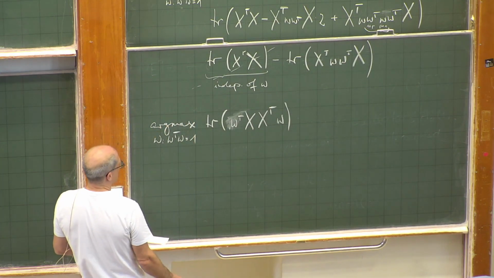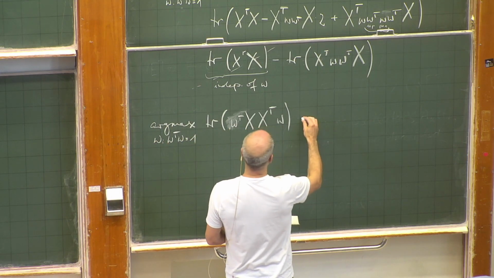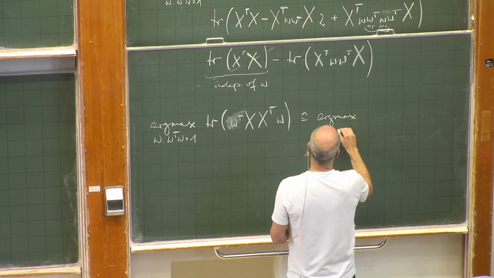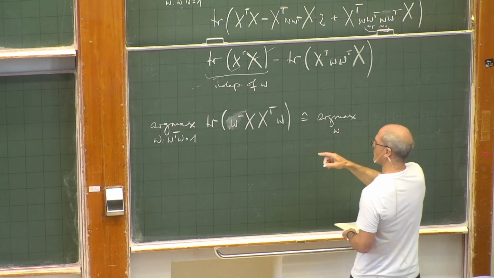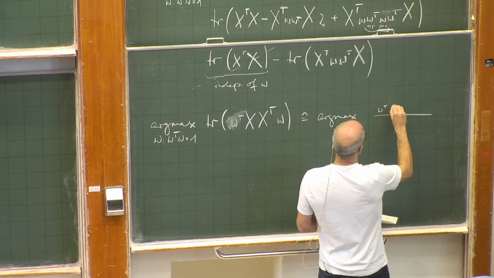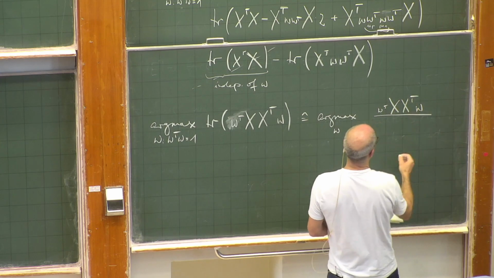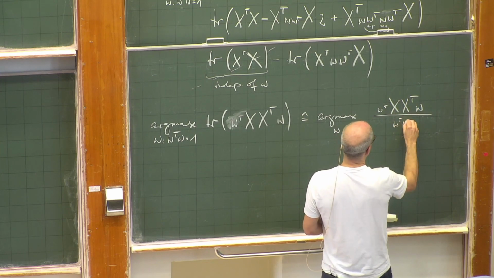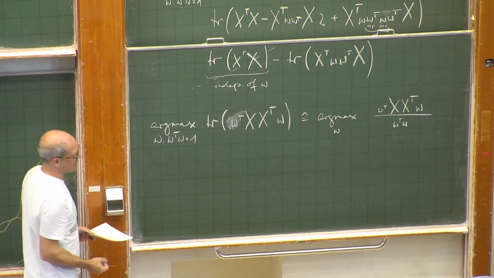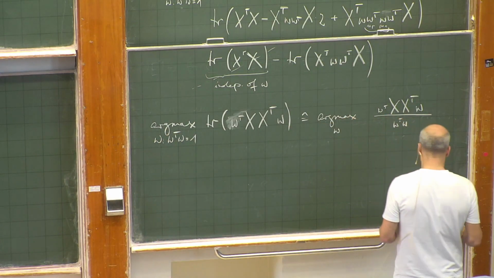Another way to write it is to take this normalization constraint in the denominator, and the entire thing is a scalar, so I can just omit the trace here, because the numerator is a scalar anyways.